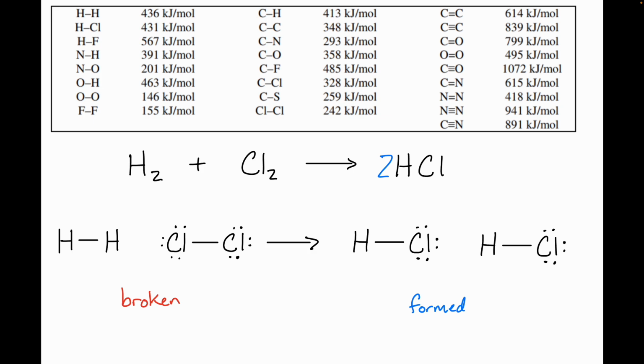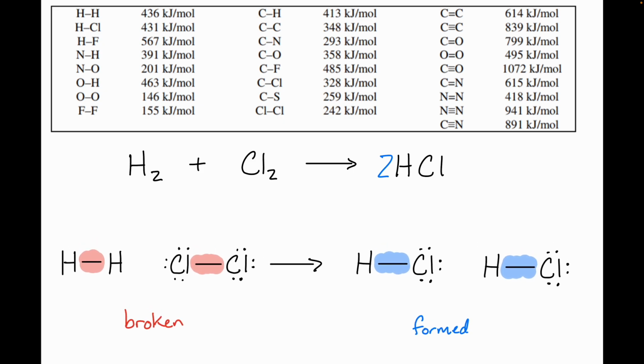Does anybody see a bond that was broken in this chemical reaction? The hydrogen-hydrogen bond. Boom. And what's another one? The chlorine-chlorine bond. All right, and what new bonds do we have on the other side? Both of these HCl bonds. All right, in this case, it was pretty straightforward. Those are the only options. Let's do a little bit more complicated of an example later.